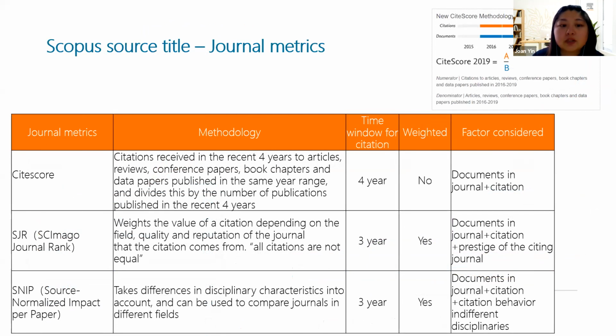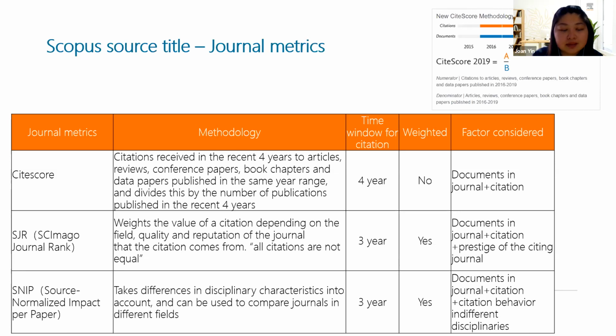The new methodology is to calculate the article citations received in the recent 4 years to articles from reviews. We limit this to reviews, conference papers, book chapters, and data papers published in the same year range. So it can present the citation impact of one journal.